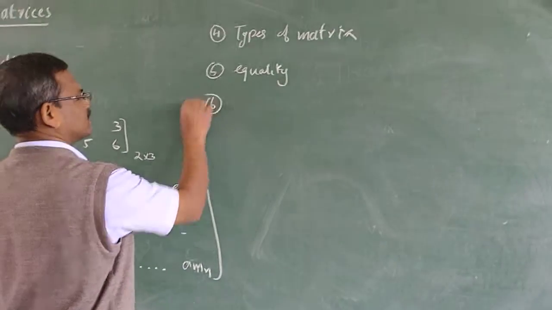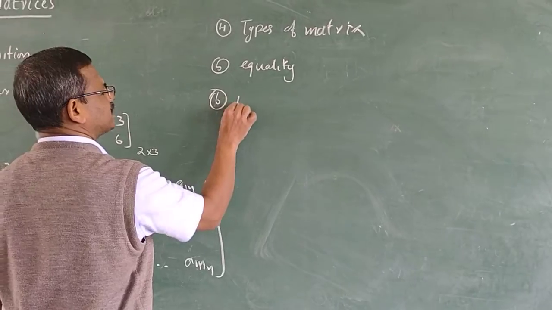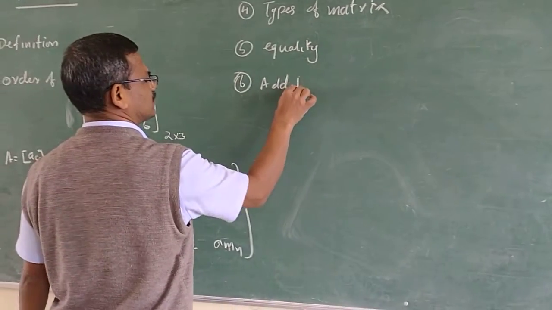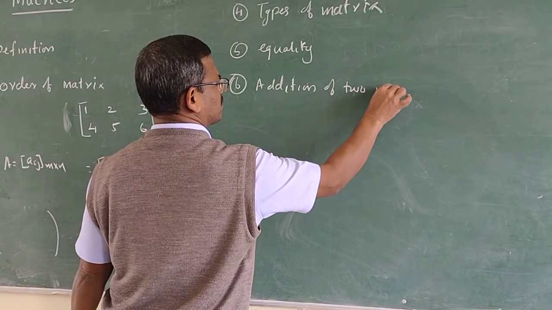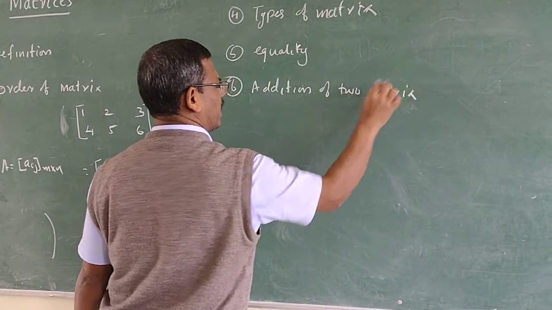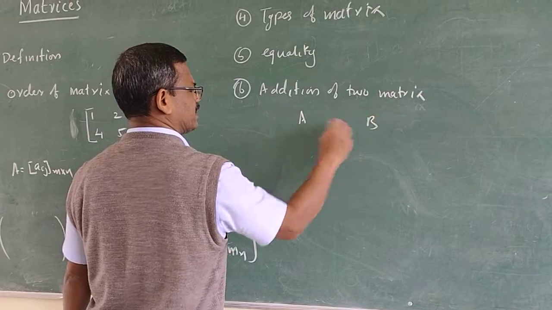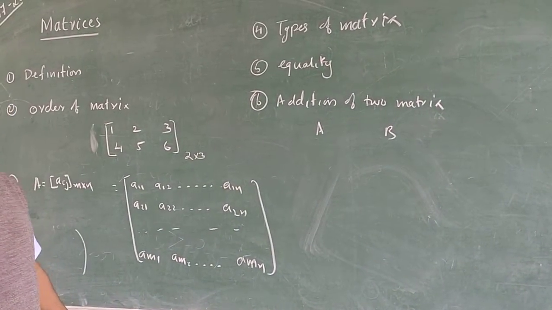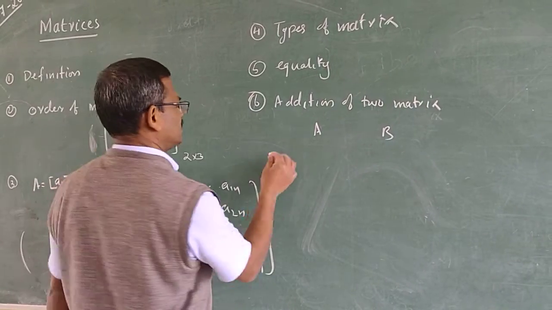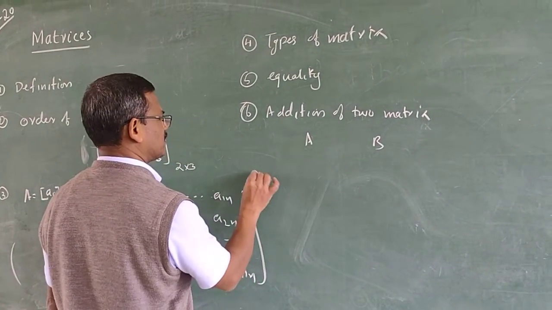Then the next one is addition of matrix. It's very simple. If you want to add two matrices A and B, the order of these two should be the same. Add the corresponding elements. That is the addition. In the same way, subtraction will also be given.